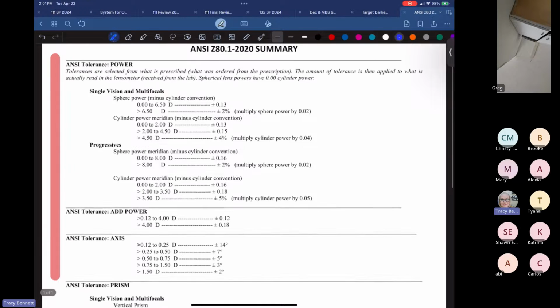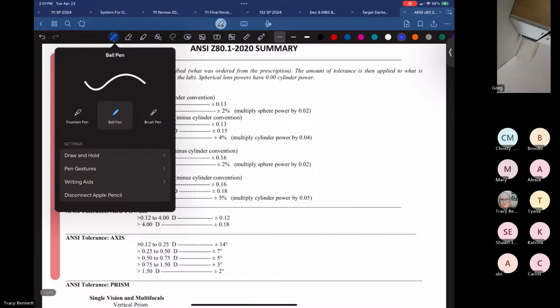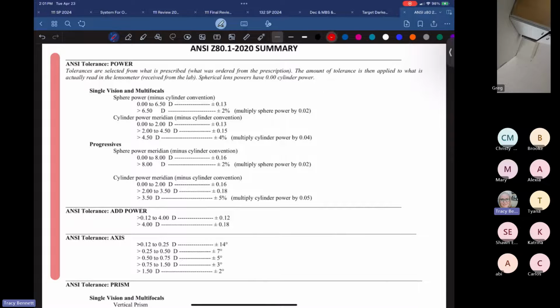The only thing that I can tell you is if you keep in mind what amount has always been allowed, like what amount of power I can be off by. Remember I told you guys that whenever you read something, if you're off by 1/8 of a diopter, give or take, plus or minus, then it's always going to pass.